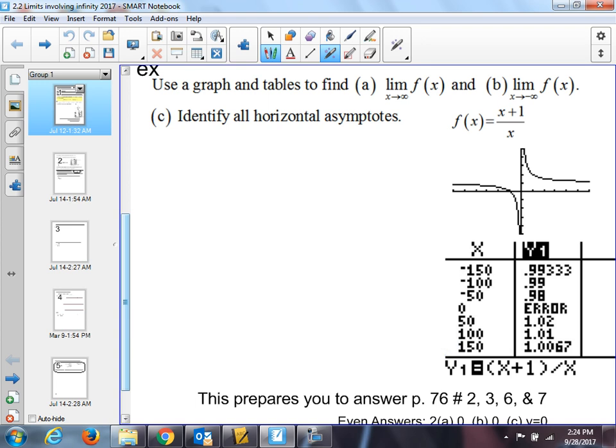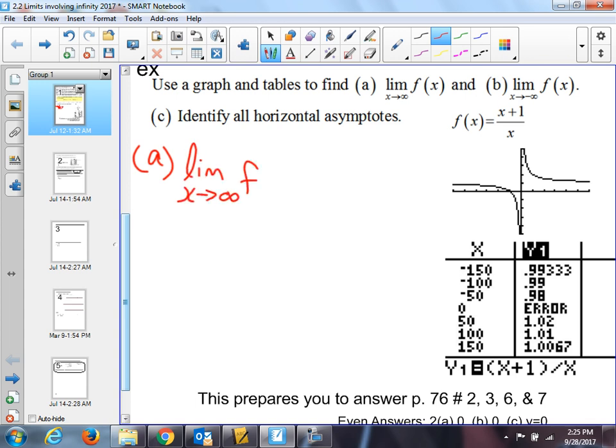So A and B. The answer for this is the limit as x approaches infinity for the function given on the graph or the chart is 1. So limit as x approaches negative infinity, so going to the left on the graph, is also 1.